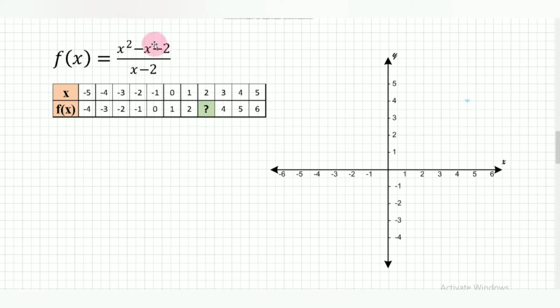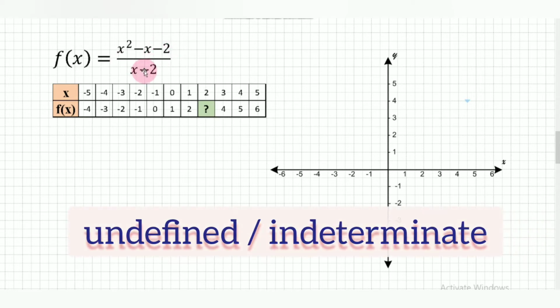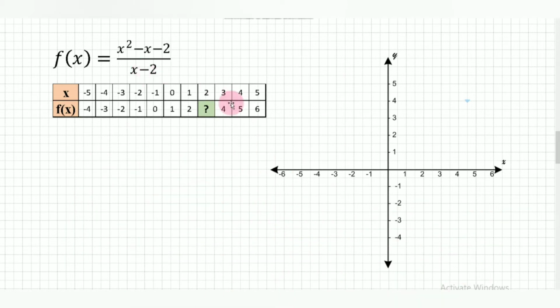So we have 0 over 0, which is undefined, or in other terms indeterminate. We cannot find the value of y when x equals 2. It means on the graph we cannot show any dot, any pair, when x equals 2. Let me save this for later explanation.